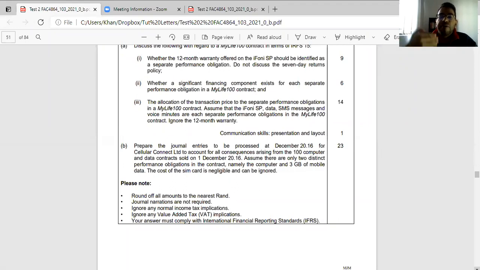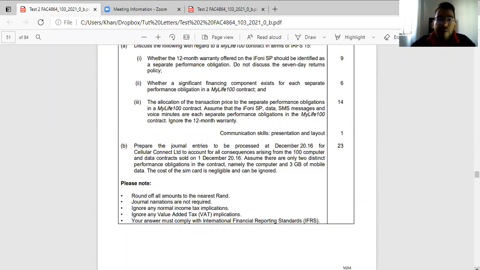So on 1 December 2016, we have transferred the computer. However, no money has been received at that point in time. The refund policy only applies to the computer, so we will deal with it at that date, together with the sale of the computer and the cost of sales.